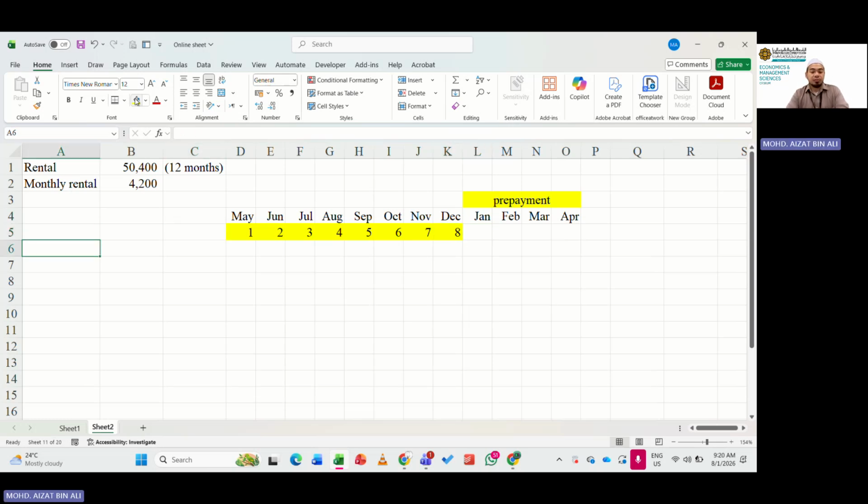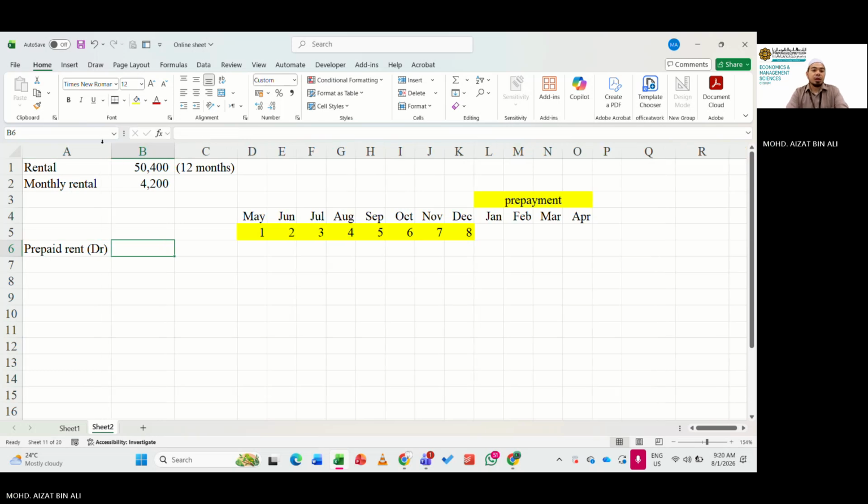Prepaid rent is an asset. This is another thing: you have to know the classification. Prepaid expenses is an asset. So prepaid rent, the normal balance would be a debit balance because it is an asset. Now for the amount, it's 50,400 ringgit.